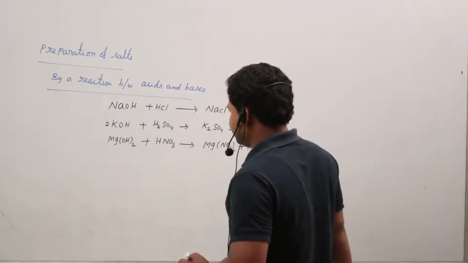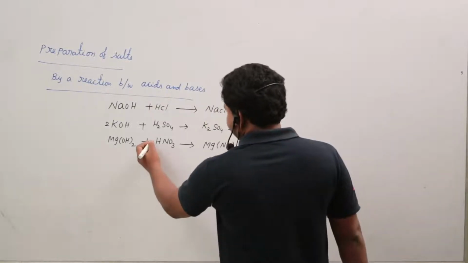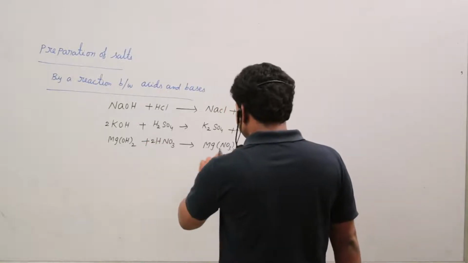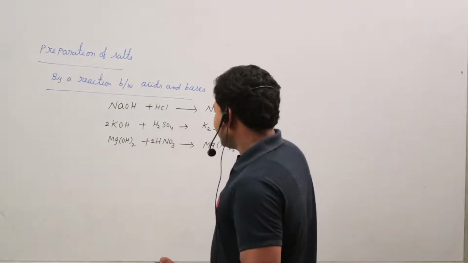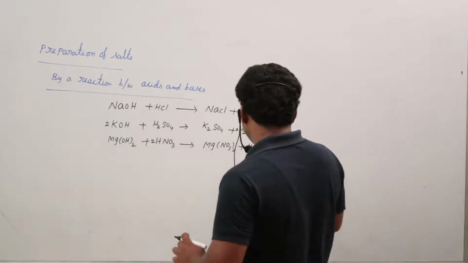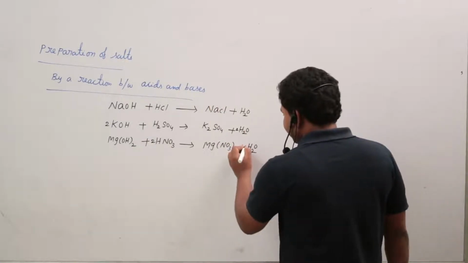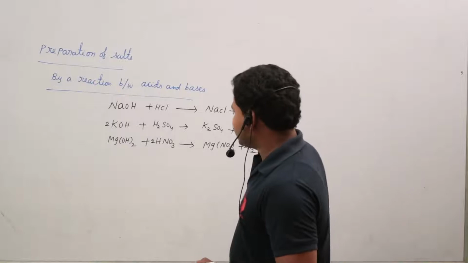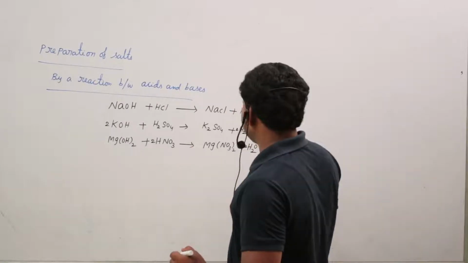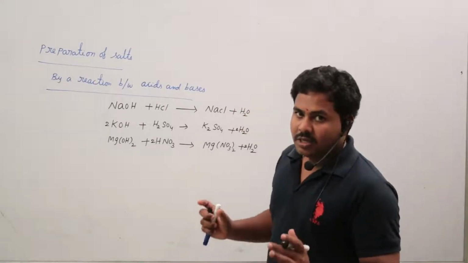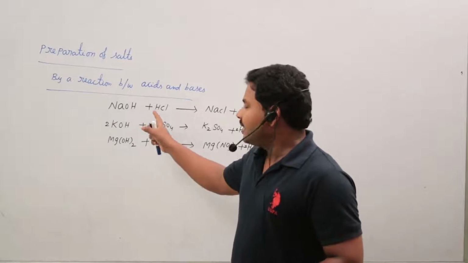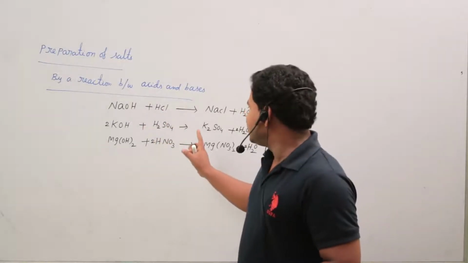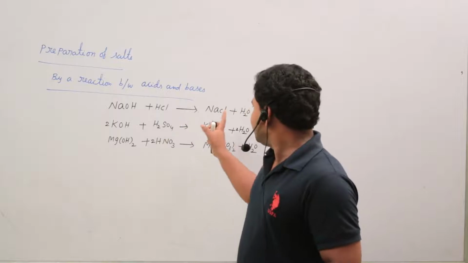Mg balance. HNO3 in front of 2, NO3s are balanced. 2 hydrogens, four hydrogens, H2O in front of 2, now four hydrogens are balanced, 2 oxygens are balanced. Now the total equation is balanced. In this case, acids and bases are reacted with each other to the formation of salts and water.